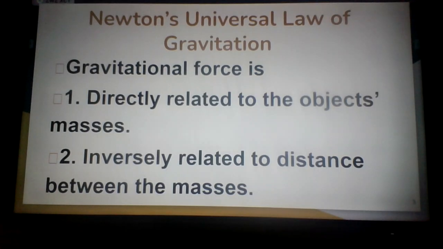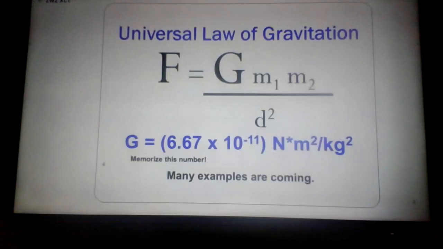Now, there's also a scientific number that'll be a constant that we're about to add to this formula. Ready? And there it is. In mathematical terms, the universal law of gravitation, I'll explain all the letters in a moment: F equals G m1 m2 divided by d squared.